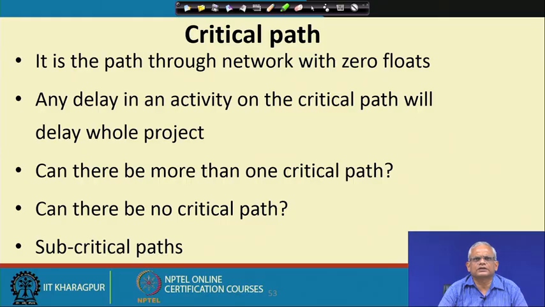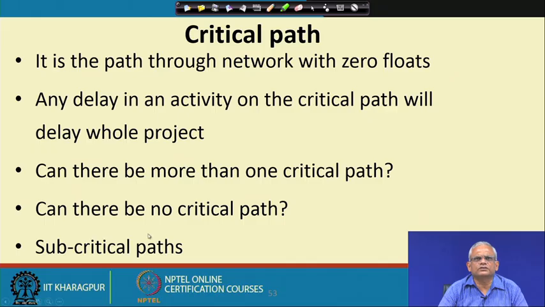It is not 0, but slightly more than 0, and therefore, those tasks are also subcritical. That means that we do not have too much laxity or flexibility with those tasks.